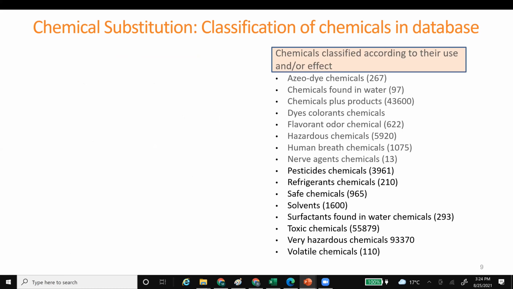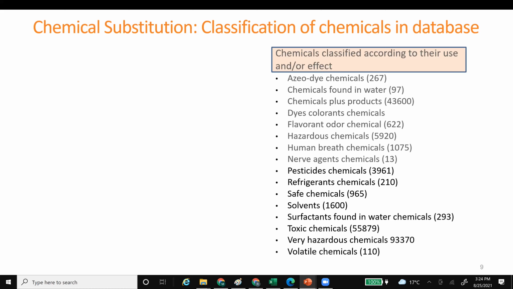If we are looking for pesticides, we can go and look for pesticide chemicals. So like that, we have created a database with collected data from different sources. And this one has, I don't remember exactly now, but around 80 or 90,000 chemicals that have been listed and classified.